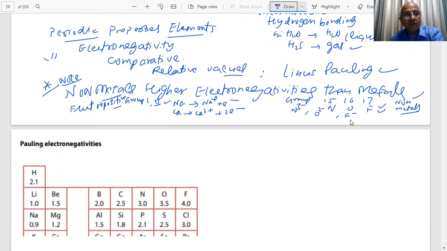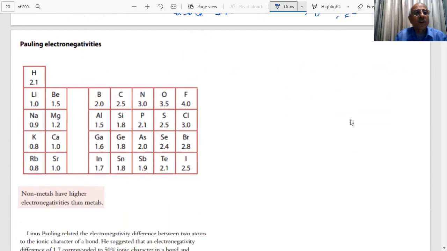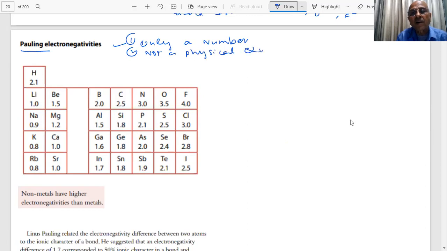All right, student, the important point to note is that Pauling, as I said, developed an electronegativity scale to compare the electronegativities. Electronegativity is only a number, student, only a number. It is not a physical quantity. There are no units.